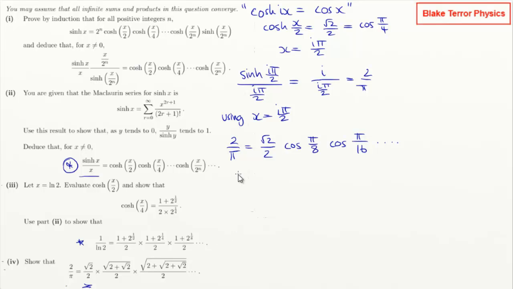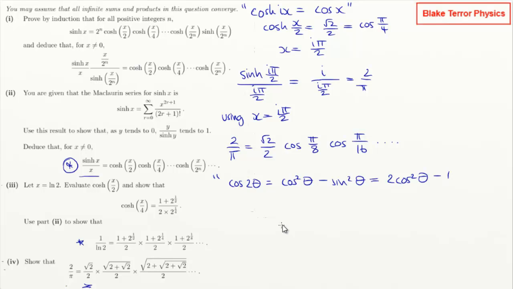So I'm going to use my double angle then. So cos of 2 theta, that's cos squared theta minus sine squared theta, which is equal to 2 cos squared theta minus 1.